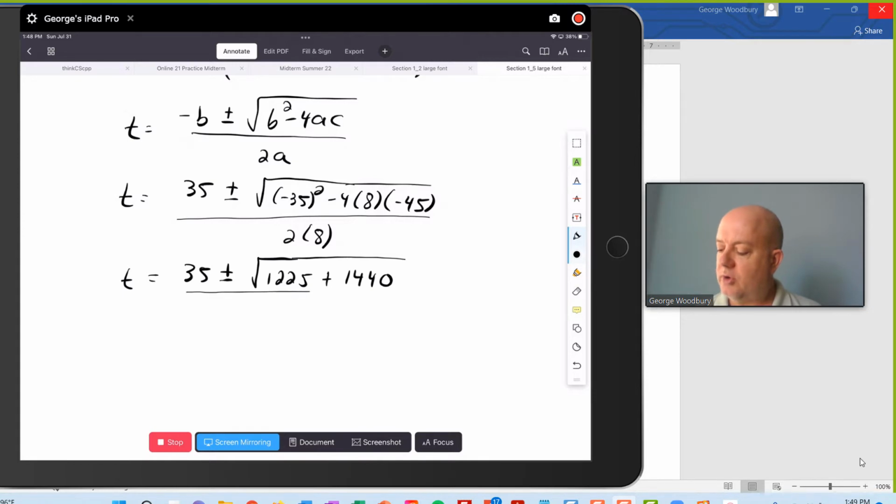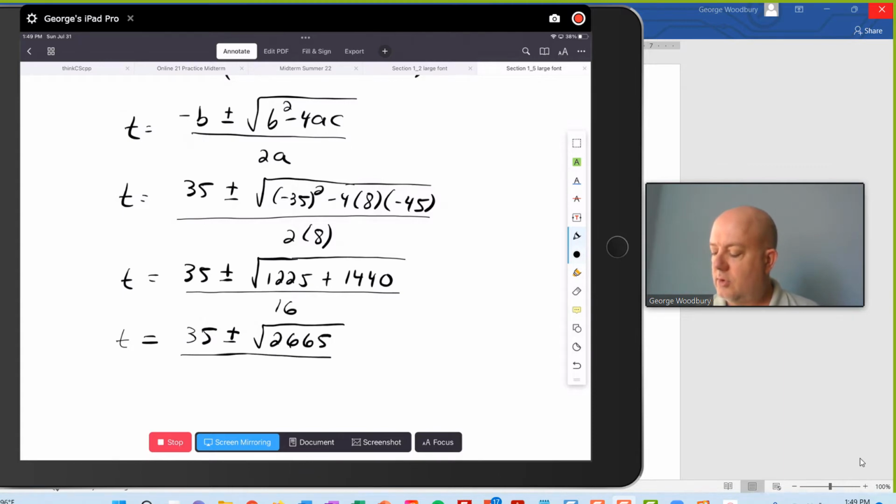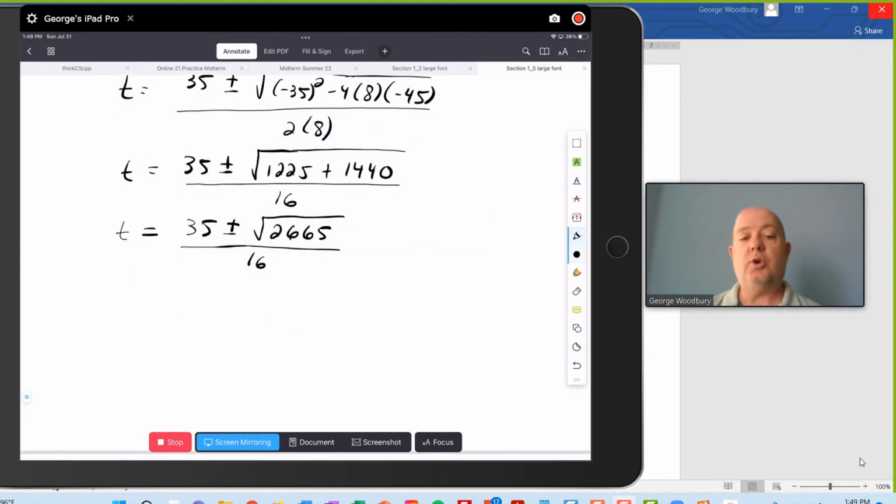And that's all going to be over 16. Finally, t equals 35 plus or minus the square root of 2,665, over 16. And now we can go to our calculator.